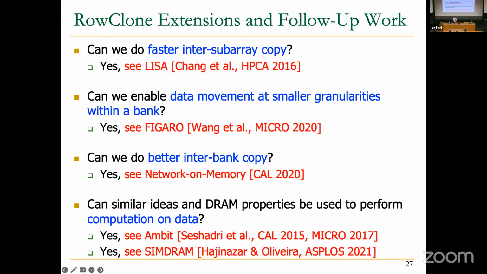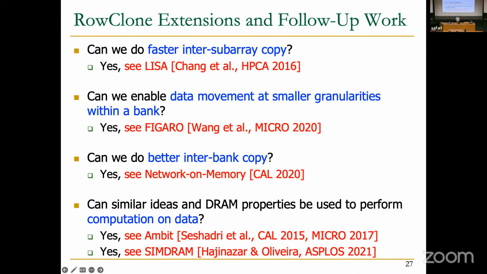We follow up on or extend RowClone, I'm sorry, it was RowClone before. We extended RowClone by enabling it to move data in a more efficient way across, for example, different DRAM subarrays inside the same DRAM bank, and by doing other types of data movement primitives, for example, data transposition using this proposal, and also communicating across different DRAM banks using this one.